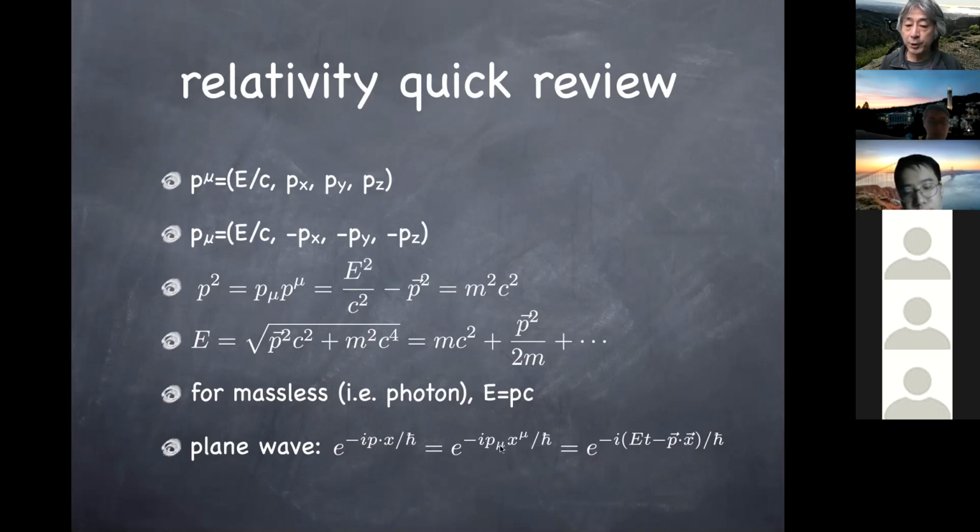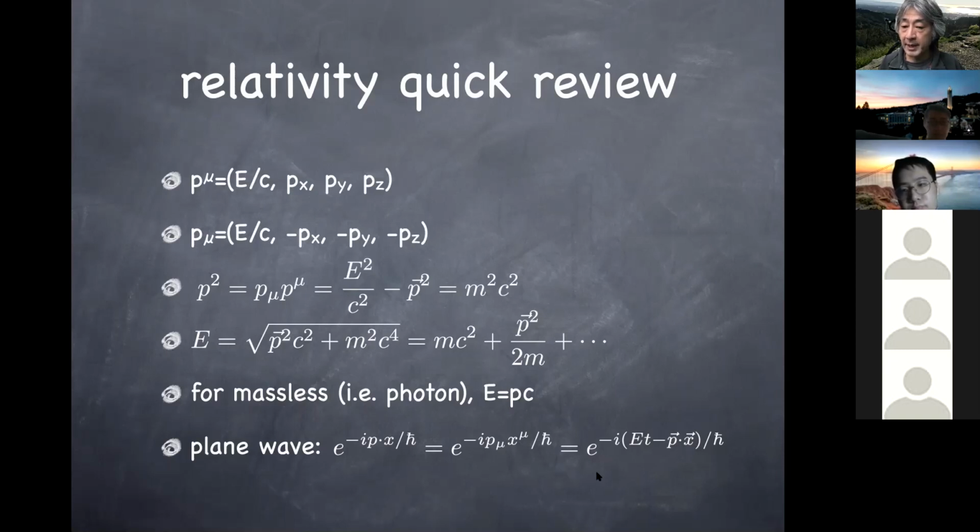You can choose p to be lower index and x to be upper index, or p to be upper index and x lower index, it's the same thing. And when you write this out, you write E over c times ct, so c cancels to give you Et. Then p vector and x vector, so that's p dot x, the inner product for the spatial vector, but now with a negative sign here.